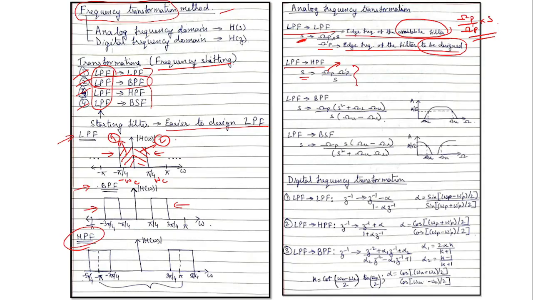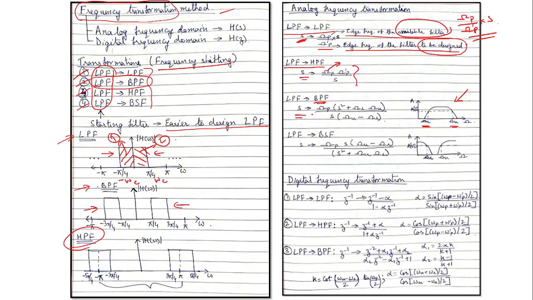Now when we get into the band pass filter, if you look at the frequency response, we have omega L and omega U. So there is one low cutoff frequency, one high cutoff frequency.